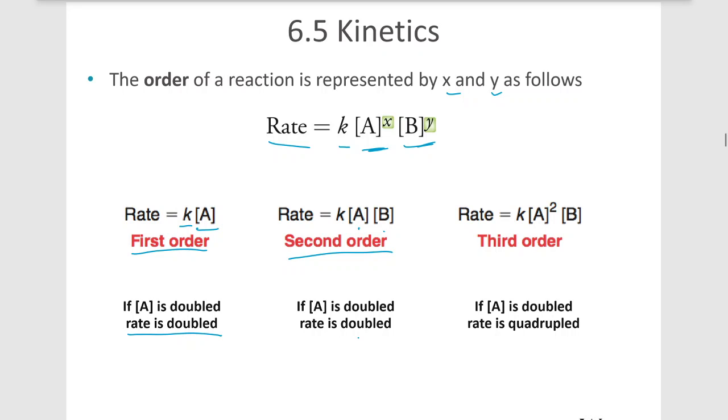If B is doubled, the rate is doubled, okay? But what happens if we double A and double B? We quadruple the rate.